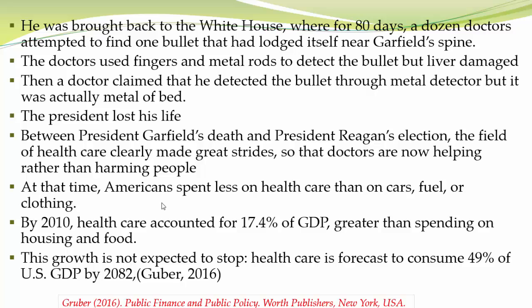But by 2010, healthcare accounted for 17.4% of the GDP, which is a very big amount, greater than spending on housing and food. And Pakistan spent less than 1% of its GDP on health.